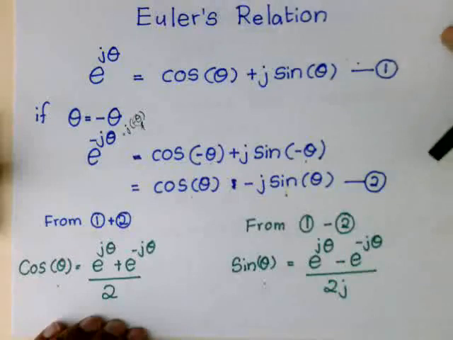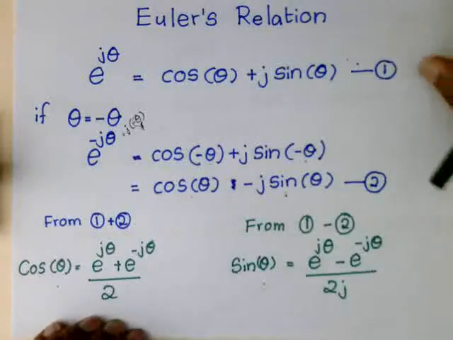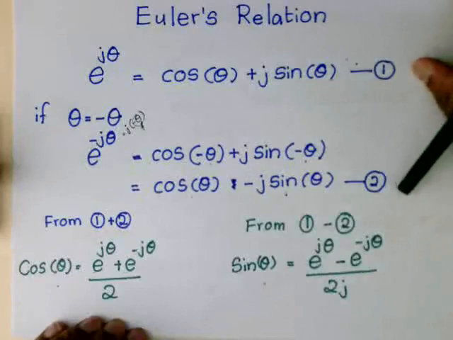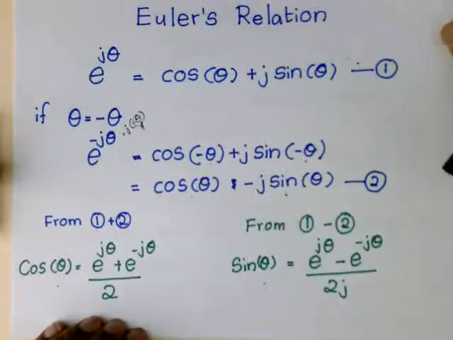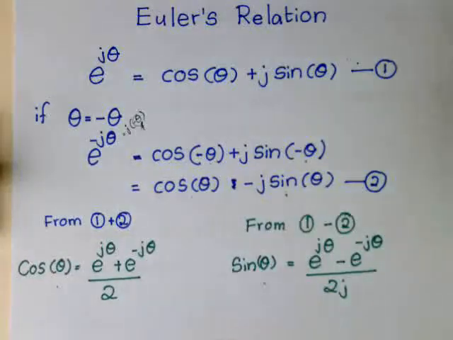Now that we know our Euler's relation, let's look at a signal and try to prove that a complex exponential is periodic. Remember, I said that it's a periodic signal, but as engineers, we shouldn't take someone's word for it.